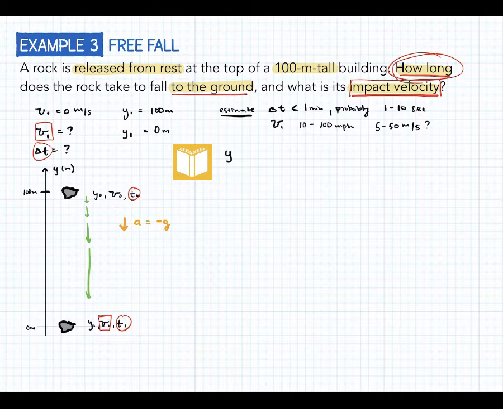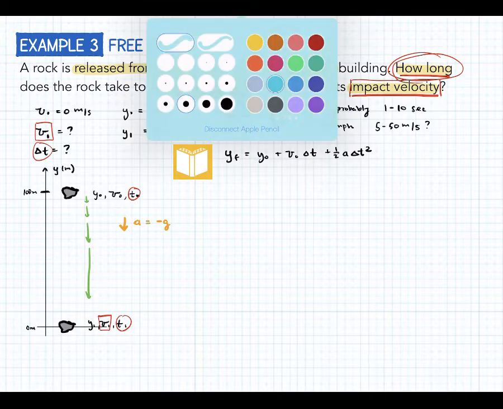I'll call this y final is equal to y initial plus v initial delta t plus 1/2 a delta t squared. But because we actually know some of these things, we can plug them in. So what is y initial? Well, we'll highlight this in blue.